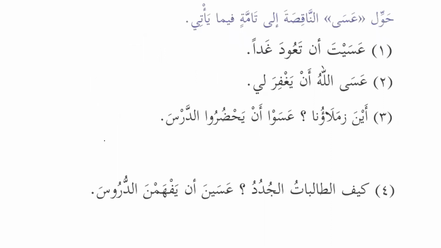Alhamdulillah. Okay, if that is the case, then let's do the exercise. حول يحول تحويلا, and حول here means to convert or to change. حول asa الناقصة, so we have asa الناقصة, that means it has a noun and it has subject and predicate, right? إلى تامة فيما يأتي.